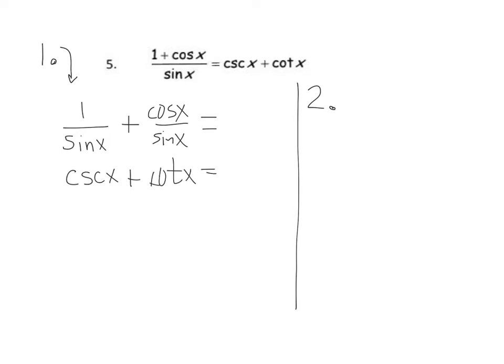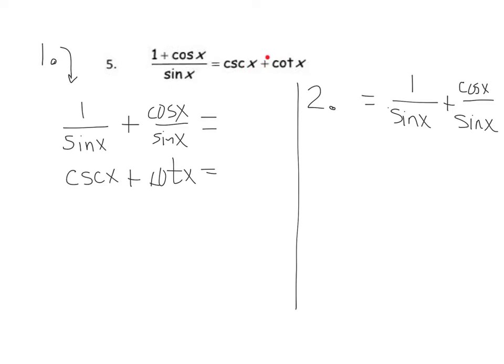So what happens if we work on the right-hand side? If we work on the right-hand side, cosecant x in the numerator is sine x in the denominator plus cotangent, which is cosine over sine. And we do that if we want to combine those, because let's go back to our thinking here.